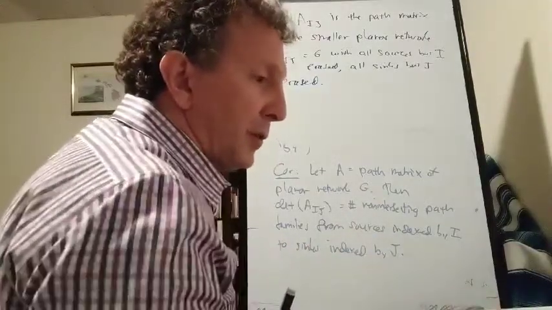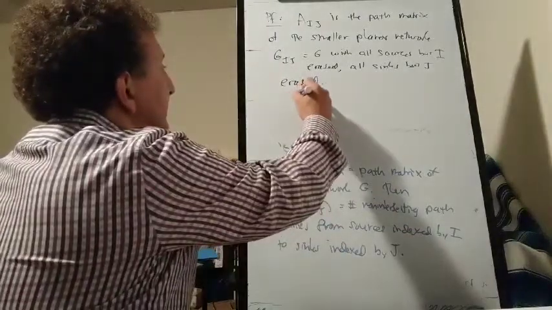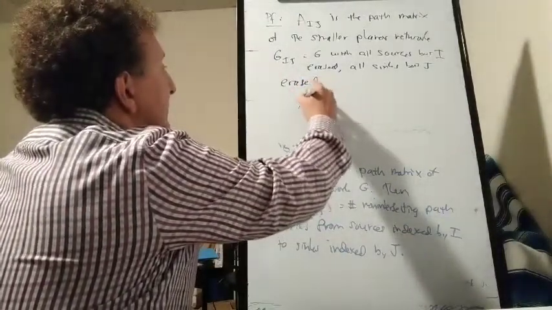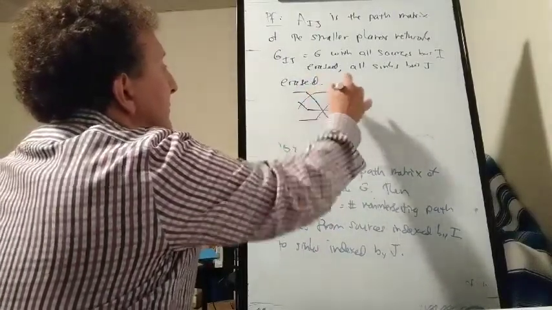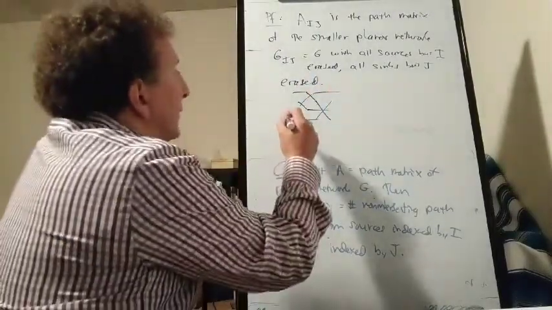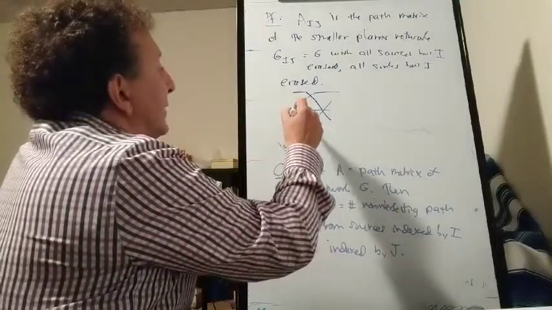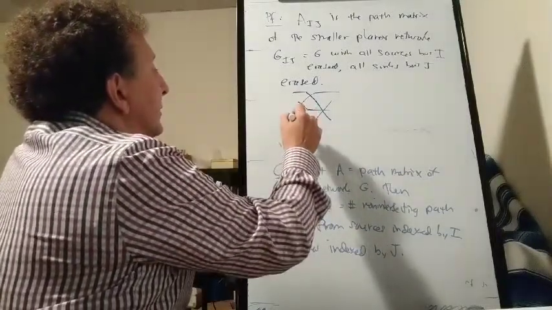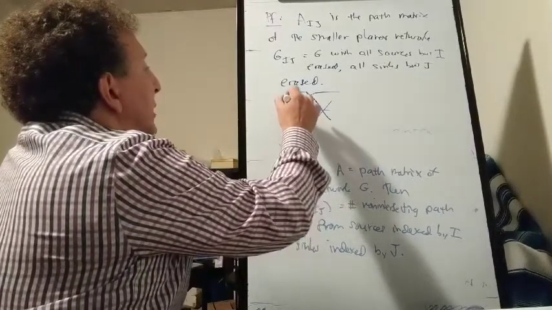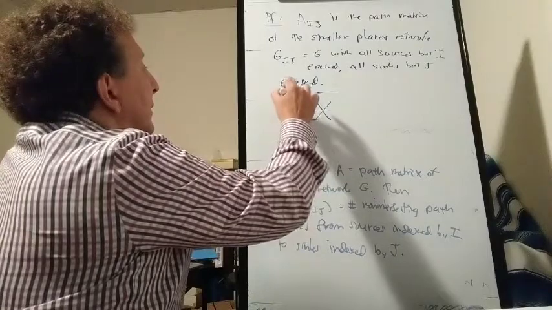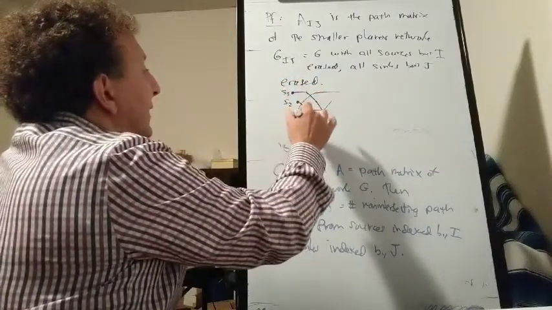So if we go back to our example, if we, let's say, erase source 2 and name them S1, S2, S3 this way, so we're forgetting about that.